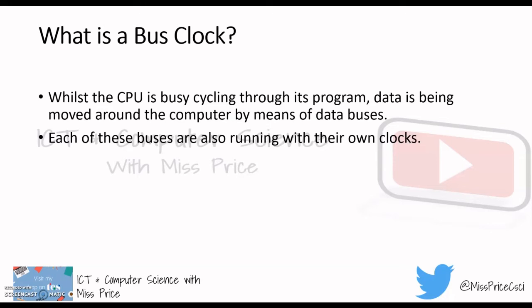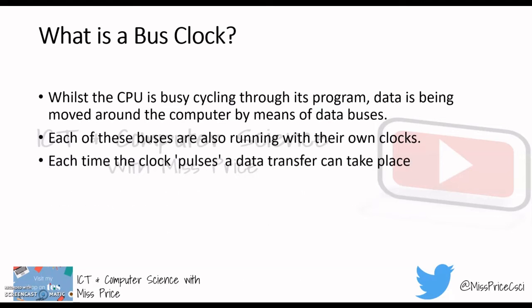These buses are all running with their own clocks, and all the instructions need to be moved around the computer by the data bus at different times and run in order of sequence. None of them can be late, okay, and none of them can be early. So each time the clock pulses, like for example in school, each time the bell goes, the data is transferred. So every time the bell goes, the students are transferred to go where they need to go.